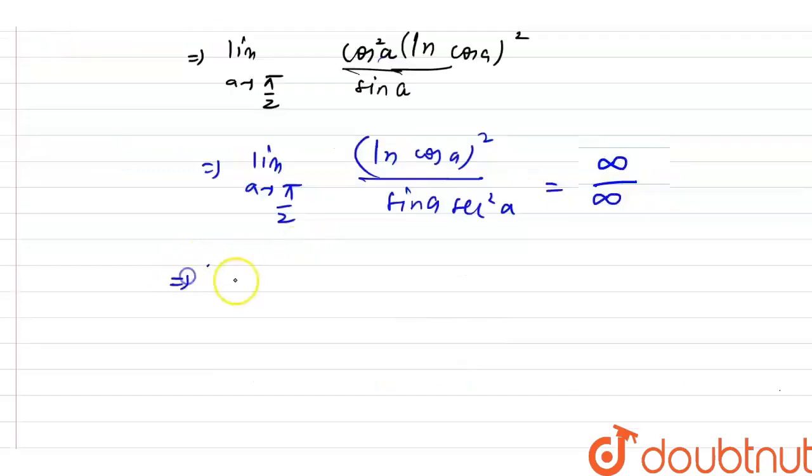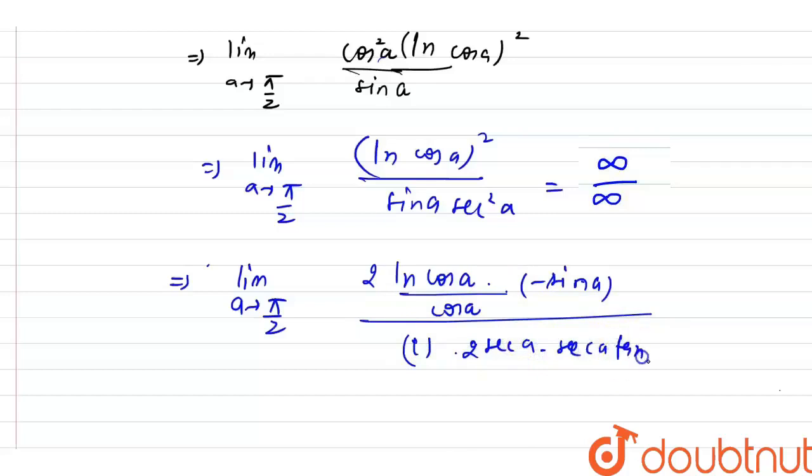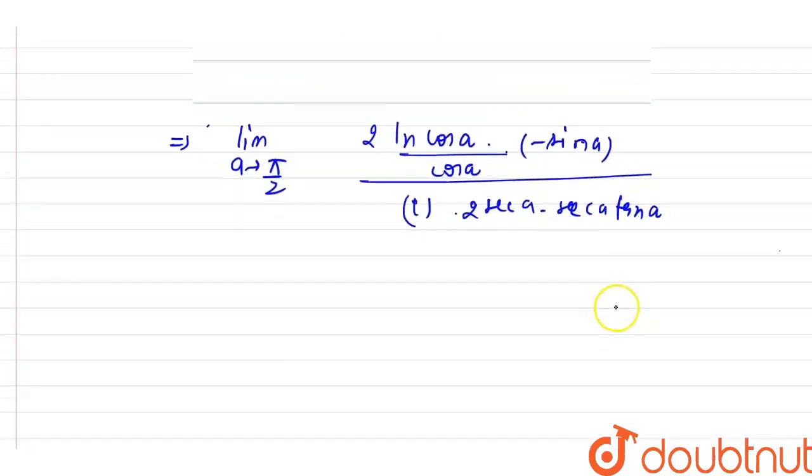So here I'm putting the limit in sin, and for the other things I'm going to apply the L'Hopital rule. So it will be 2 ln cos A into the derivative of ln cos A, which is 1 over cos A, then cos A differentiation is minus sin A, over sin pi by 2 is 1 into secant square A. Now the derivative of sec square A is 2 sec A into sec A tan A. Now I'm going to simplify this.